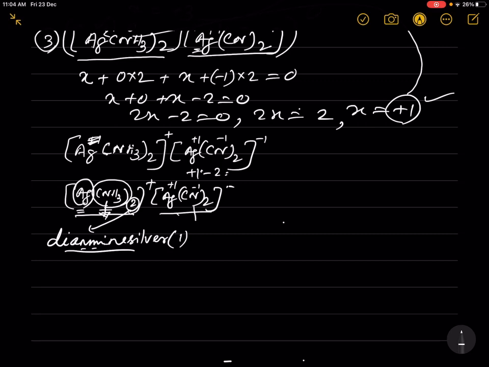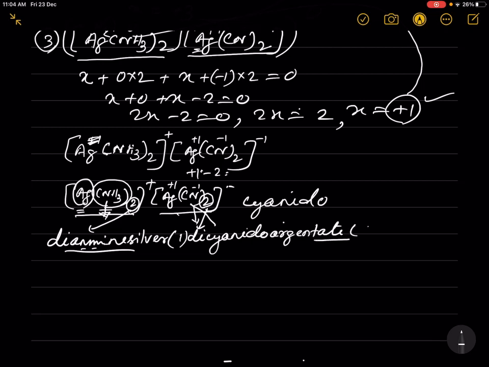Then this part will be written here. We have to write the cyanide ligands first, and there are 2 cyanide ligands, so we should write di. For cyanide this is dicyanido, argentate, then oxidation number +1, so it is written as upper Roman numeral.